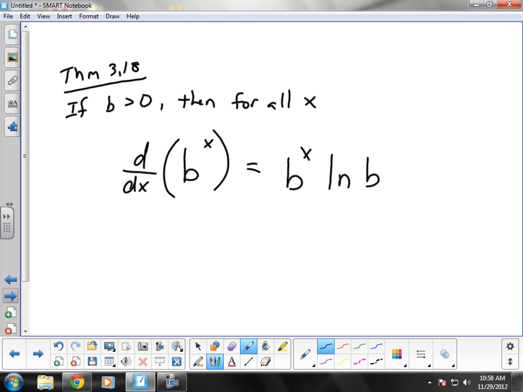If it's a number raised to a power, then the derivative is the number raised to the power still, but it's multiplied by the ln of the number.